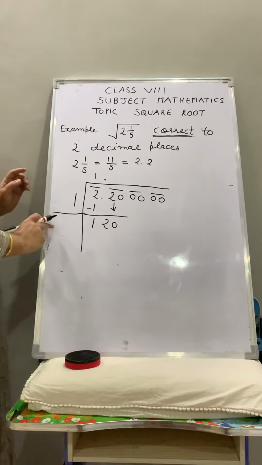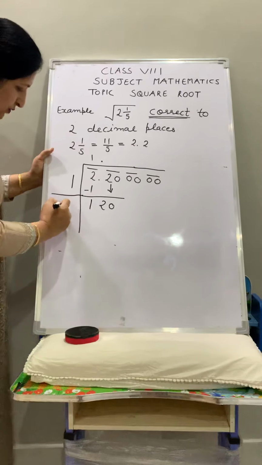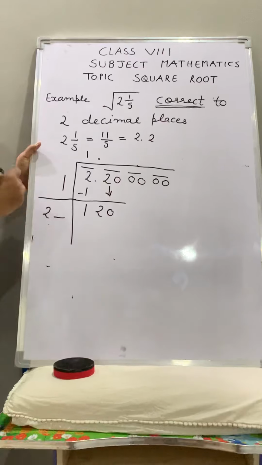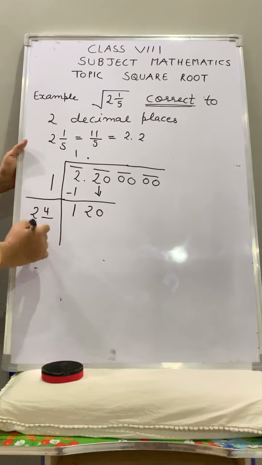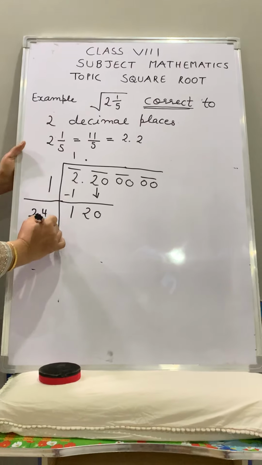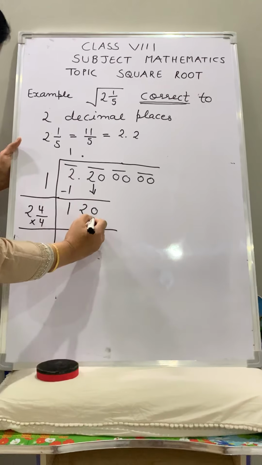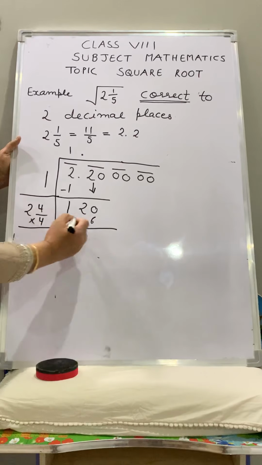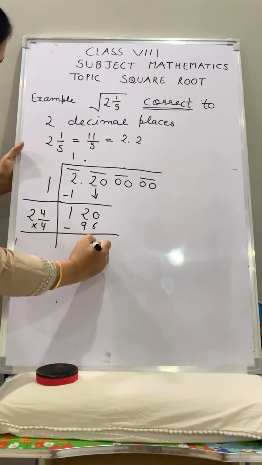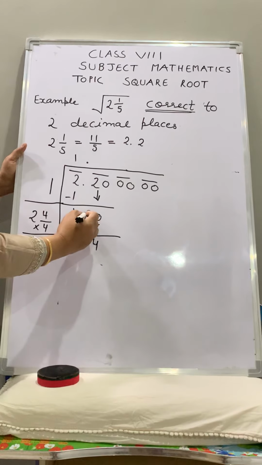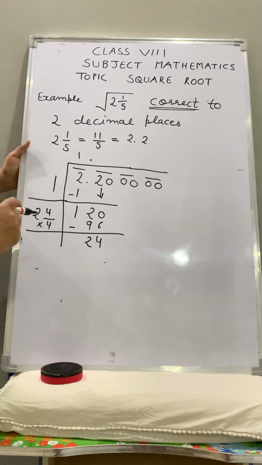Divisor: you can write directly, double of 1 is 2 and 1 filled up. Now we will write here 4. Multiply by 4. 4 4s are 16, 4 2s are 8 and 1, 9. 10 minus 6 is 4 and 11 minus 9 is 2 and it will be 0.